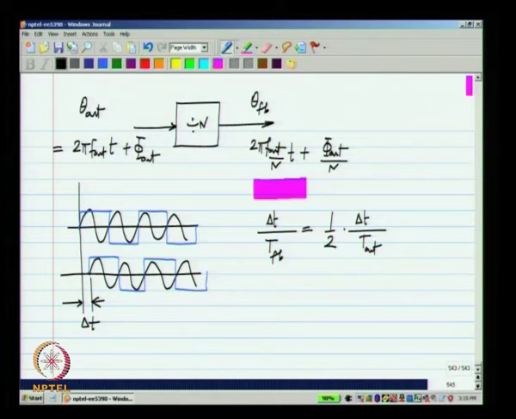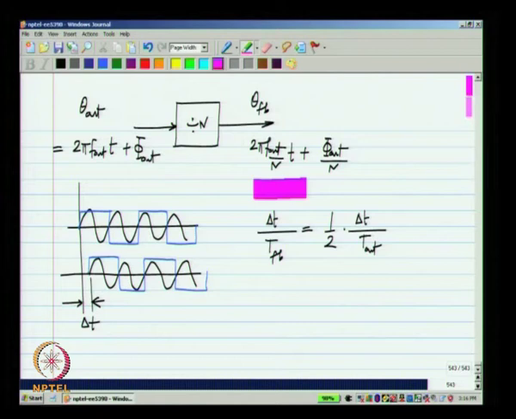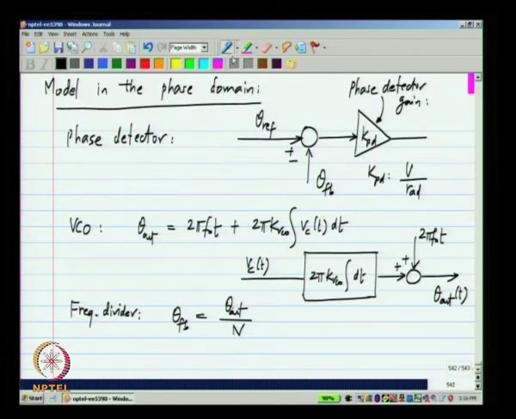So, it is shifted by the same time period, that means that the phase difference is half. In general, if you divide the frequency by n, the phase also gets divided by n. The reasoning is very simple, the output will be time shifted by the same amount, that corresponds to 1 over n times smaller phase when you calculate it for the longer period at the output of the frequency divider. So, the model for the frequency divider is extremely simple. It is this attenuation by n.